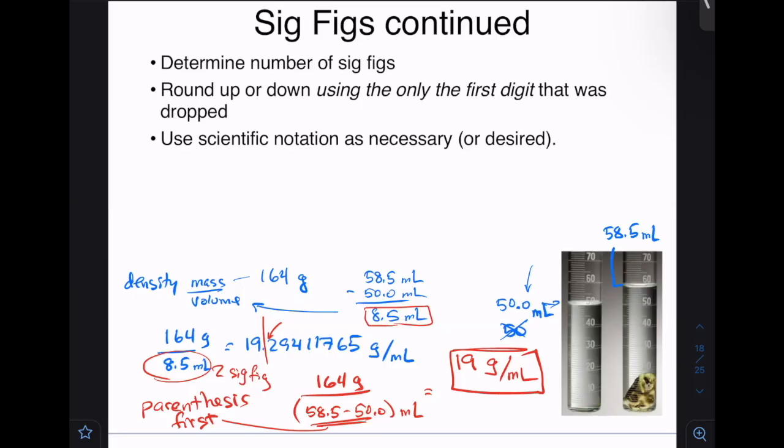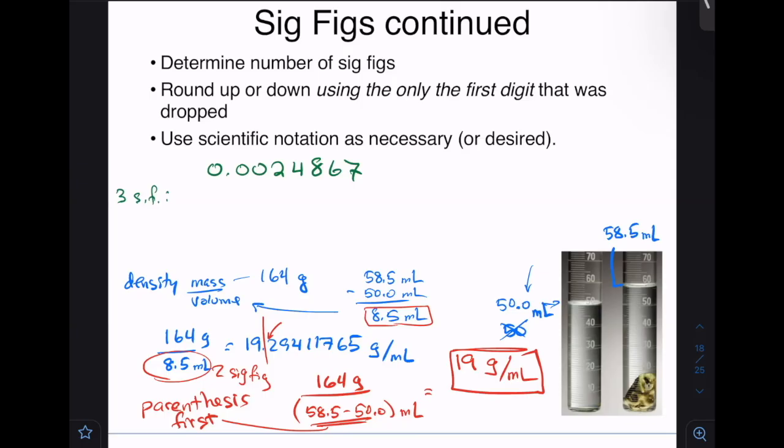Let's say I did a calculation and my calculator spit out this number, 0.0024867. Let's say we knew that we needed to report this to 3 sig figs.